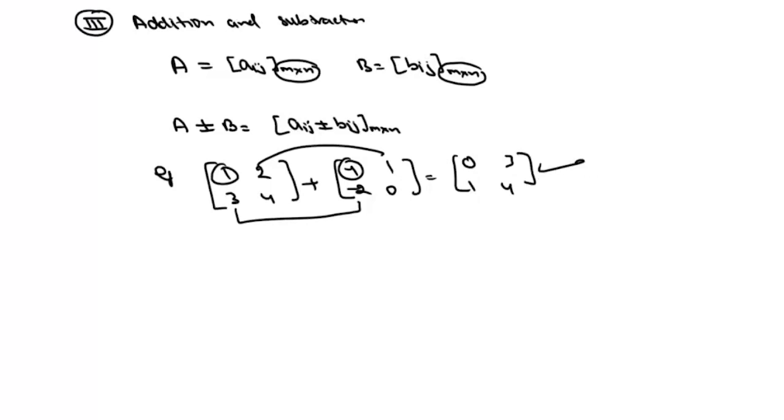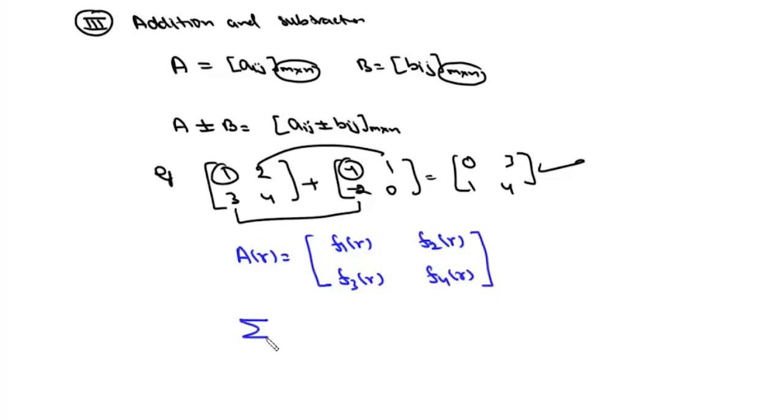Now at times we'll be given these matrices as some function of a variable. Say, for example, suppose we are given a matrix A_r, and this A_r is some f1(r), f2(r), f3(r) and f4(r), and suppose we need to find this summation, r varies from 1 to m, of A_r.